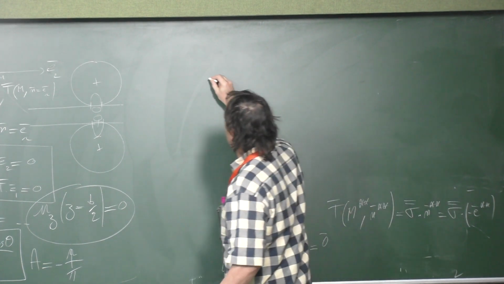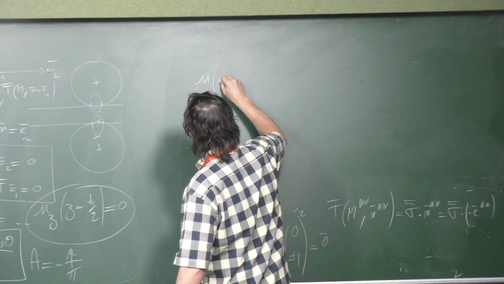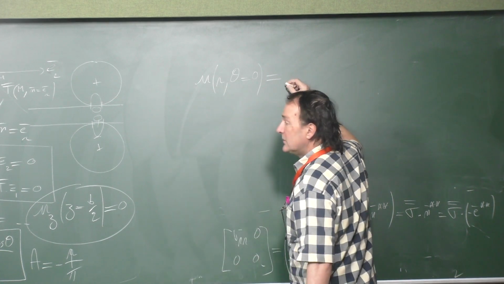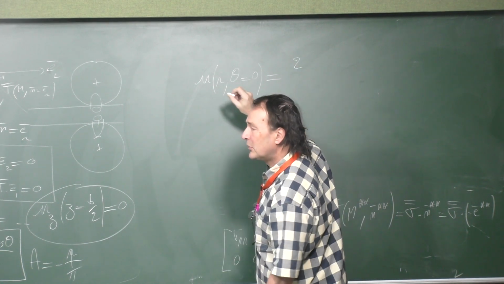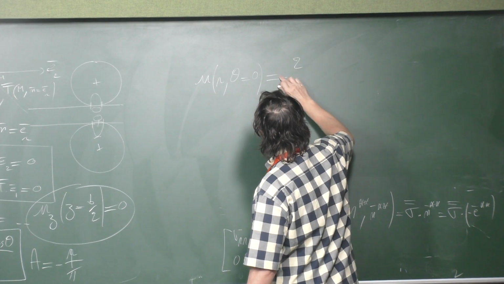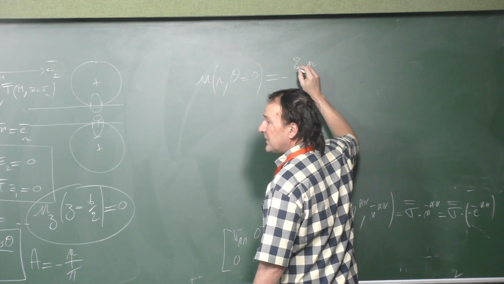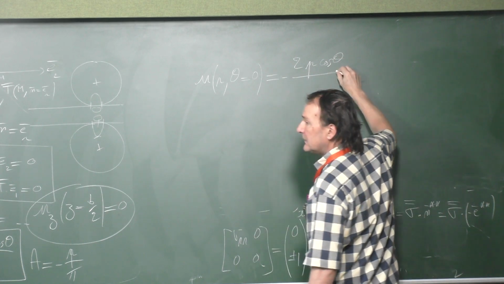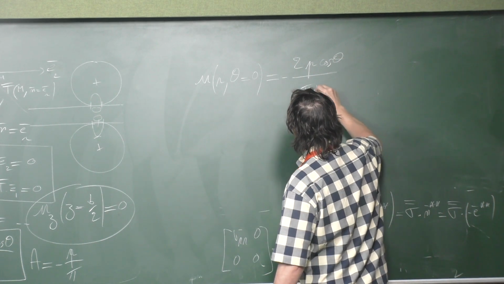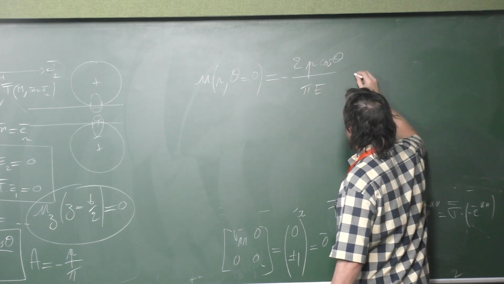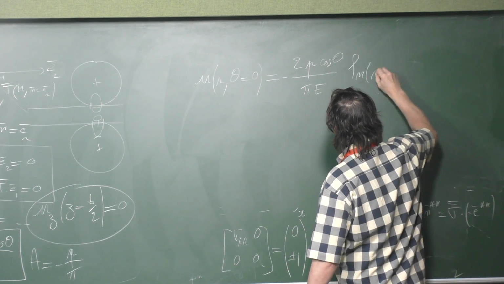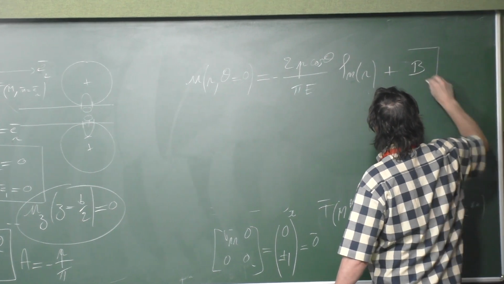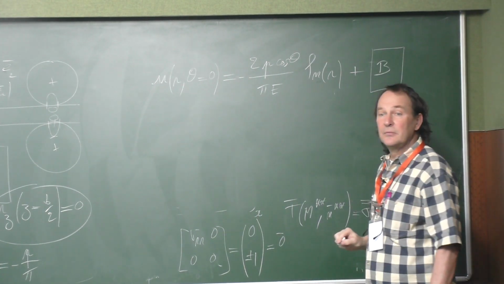You can say that U for R, theta equals 0 equals 2P cosinus theta, and B is a constant to determine, which is unknown.